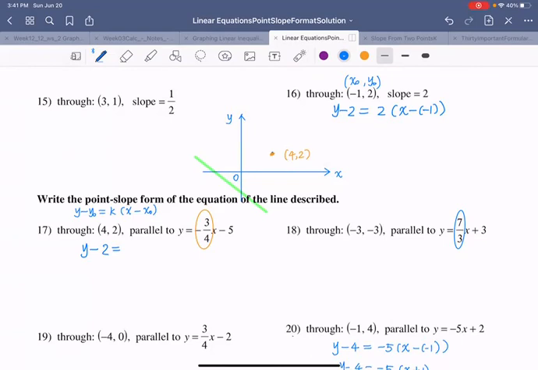Who is your slope? When you are parallel to this, does yours have the same slope? Do you have the same slope, yes or no?